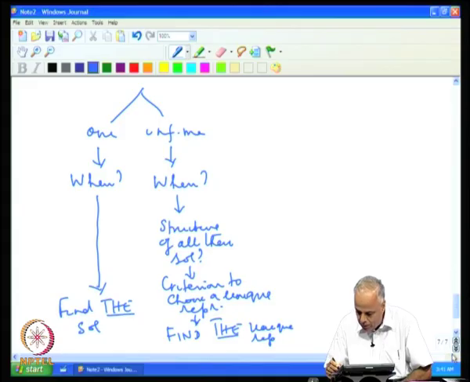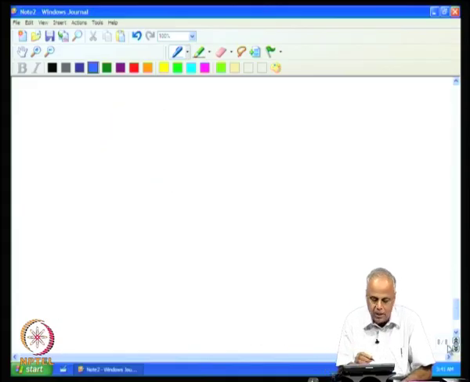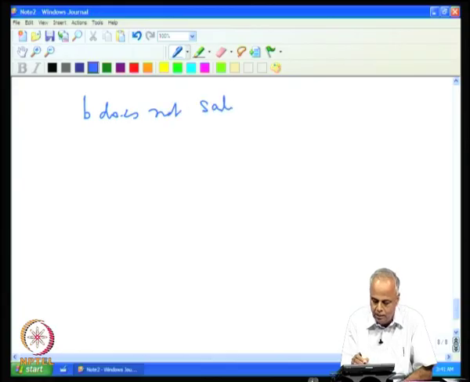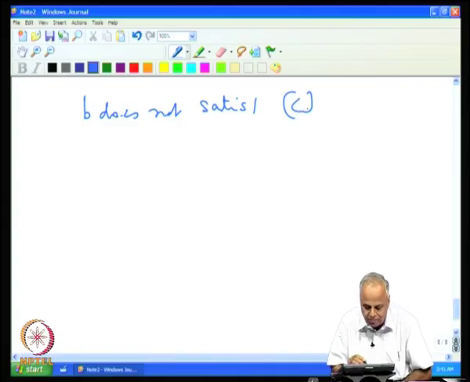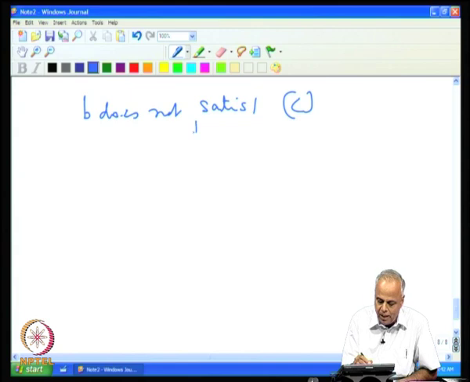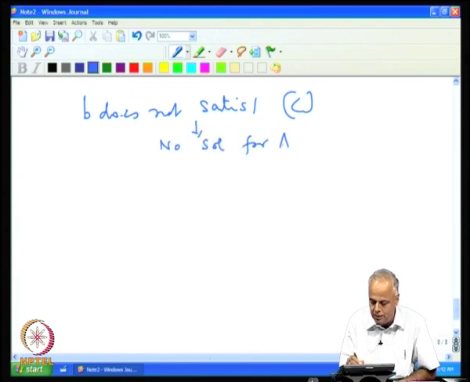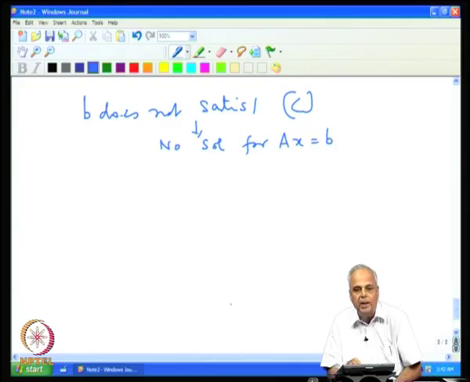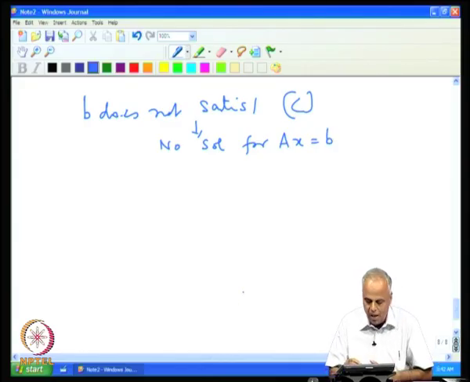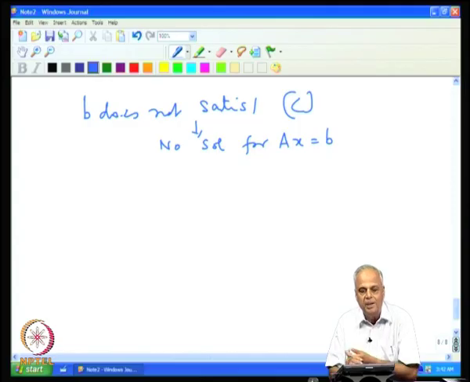Now, the problem is what happens if B does not satisfy the criterion C. In that case, what can we conclude? We can only conclude no solution for Ax equal to B, because C was the criterion for a solution to exist and B does not satisfy it, and therefore, we conclude that there cannot be any solution.